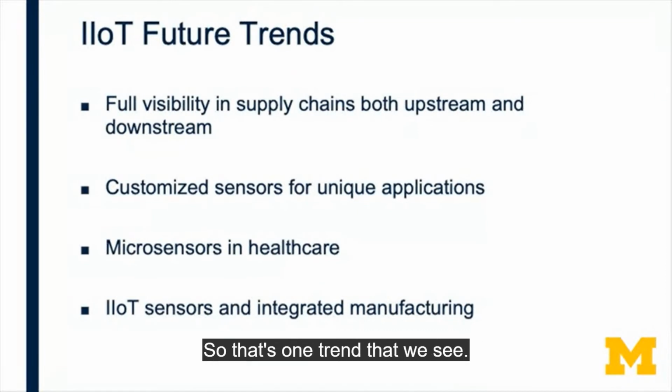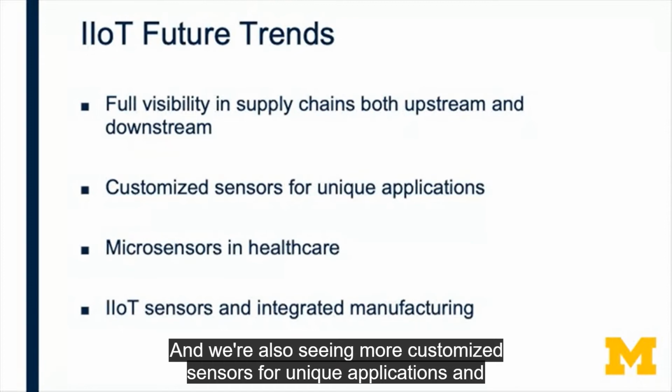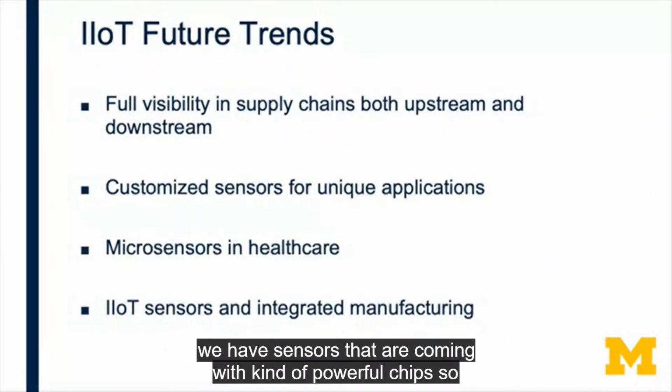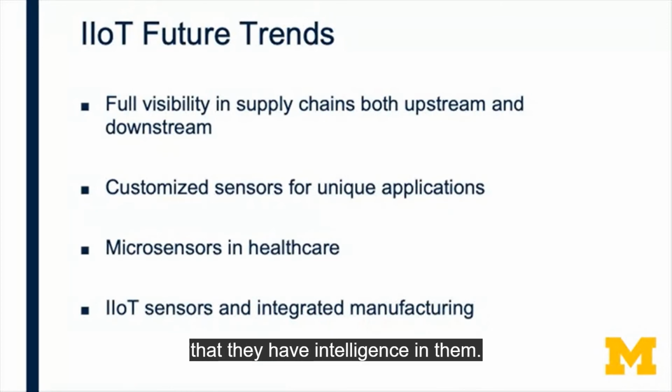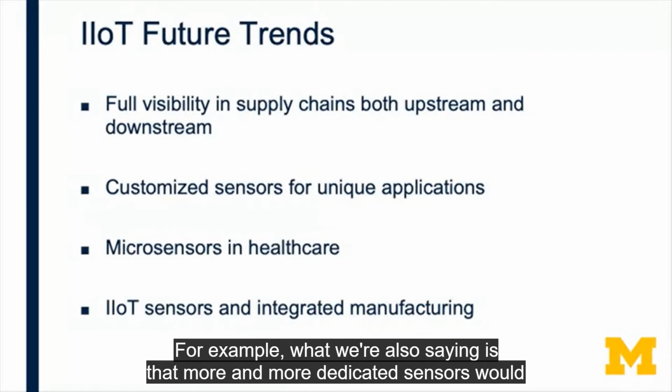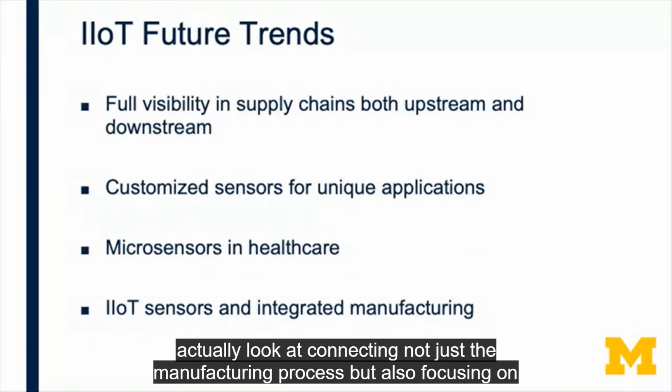And we're also seeing more customized sensors for unique applications. We have sensors that are coming with powerful chips so that they have intelligence in them. For example, more and more dedicated sensors will look at connecting not just the manufacturing process, but also focusing on the talent and operations of workers working in factories.